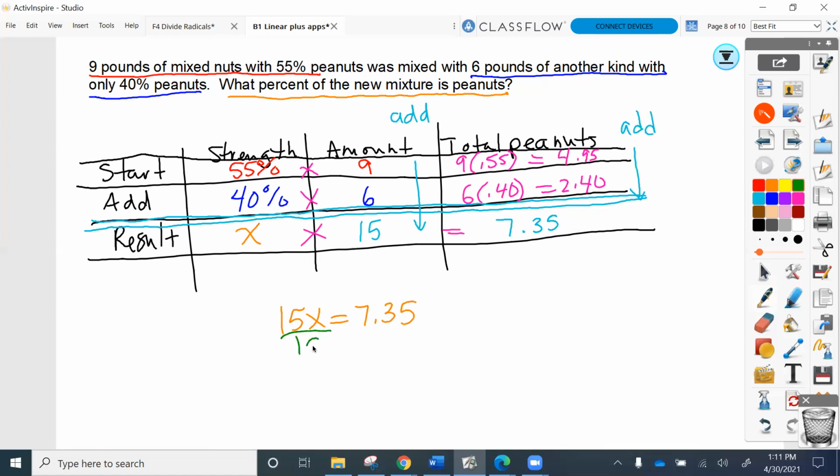Divide both sides by 15, and you'll get x is equal to, where am I? 0.49. So this is going to equal 49% for the new mixture.